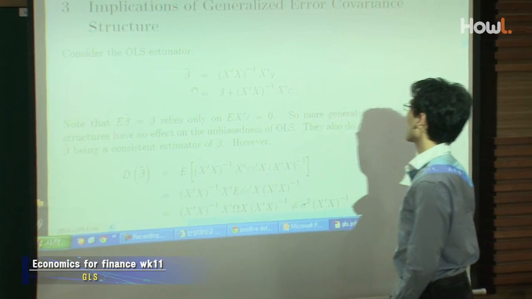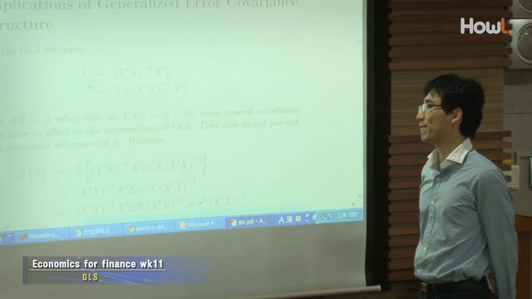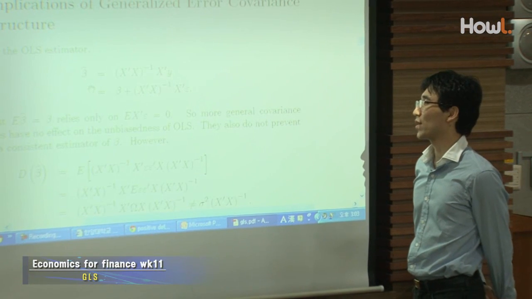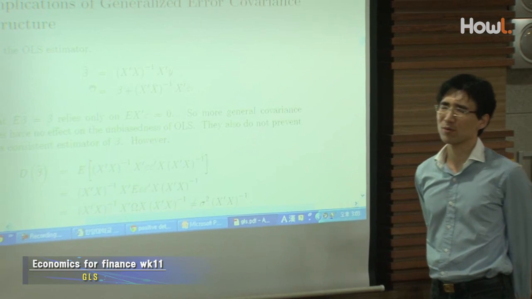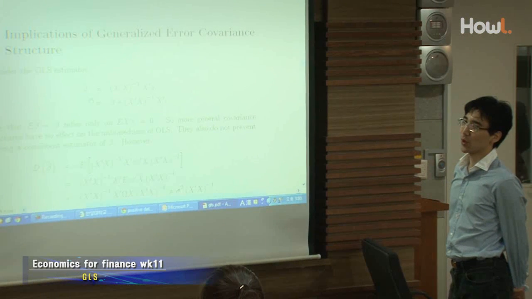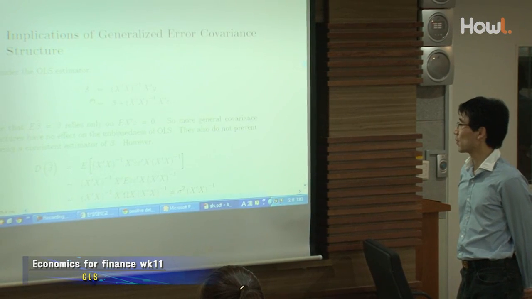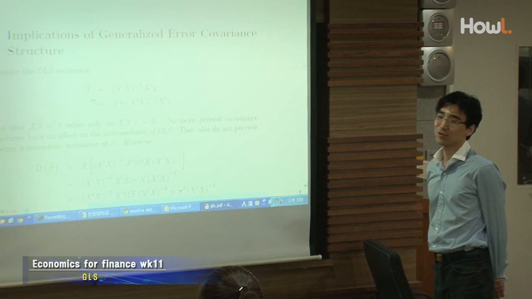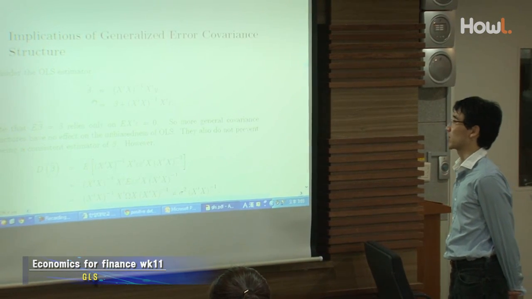So it means that a more general covariance matrix structure has basically no effect on the unbiasedness of OLS. So even if the error term has a very general structure like omega, if we still use OLS estimation, we still have a basically unbiased estimate. But the problem happens in the variance covariance matrix of our estimate.